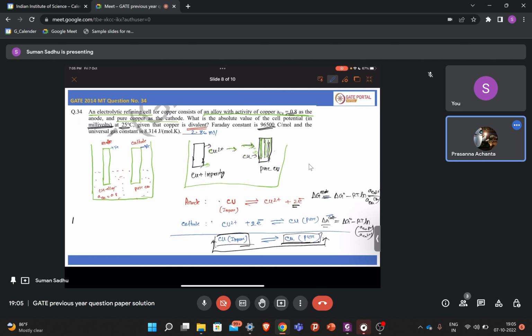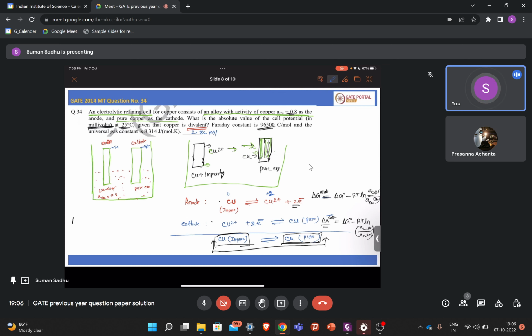Now, by seeing the half cell reaction, can you tell me where the oxidation is taking place and where the reduction is taking place? At anode reduction, sir. Anode reduction? Reduction means what? We have to look at the charge number of the ions. Here it is zero, and here it is plus two. It is increasing, which means oxidation, right?